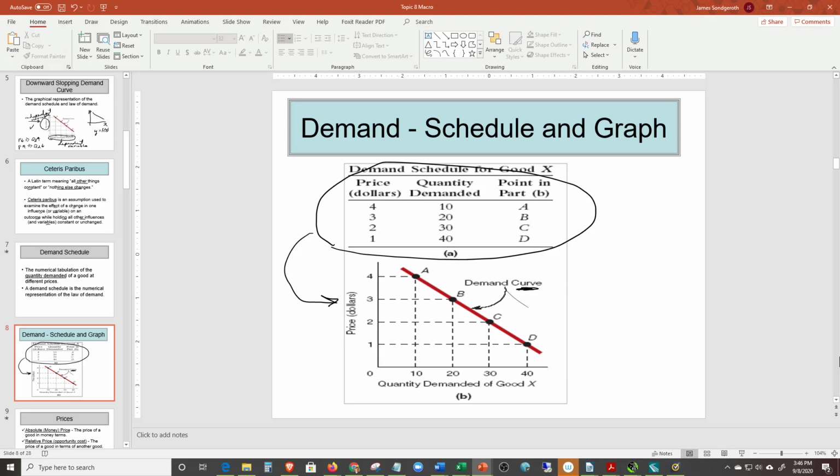It's just a unique type of curve. So when I talk about the demand curve, or the textbook does, it could be this straight line. There are going to be many other things in this chapter where you're going to have to get used to the jargon of economists, okay?